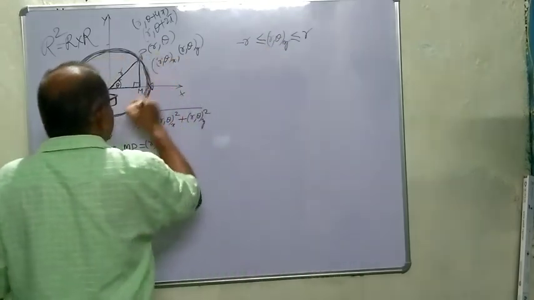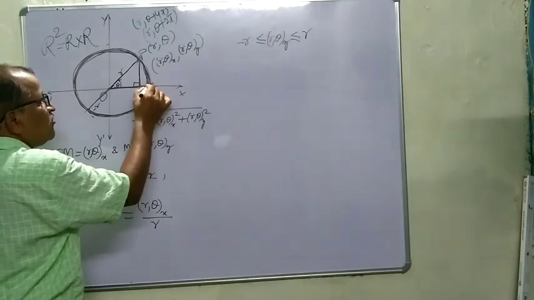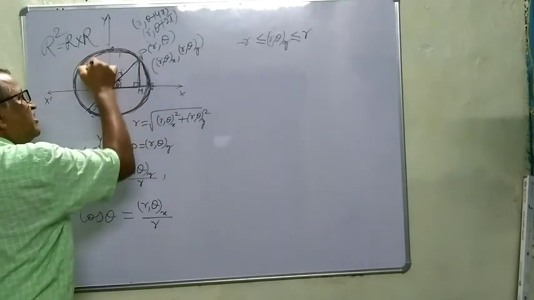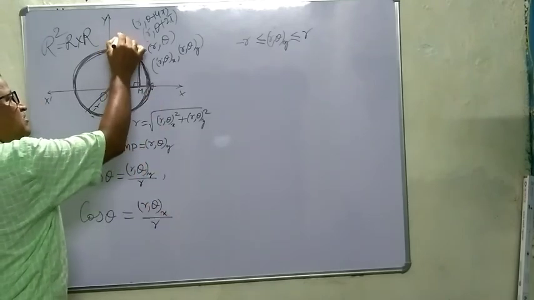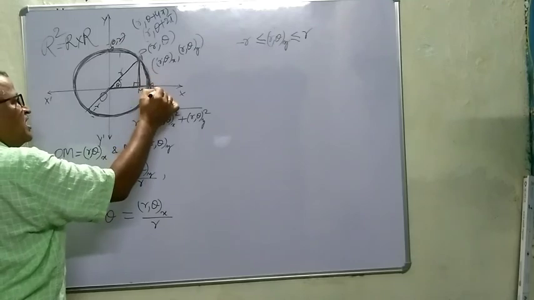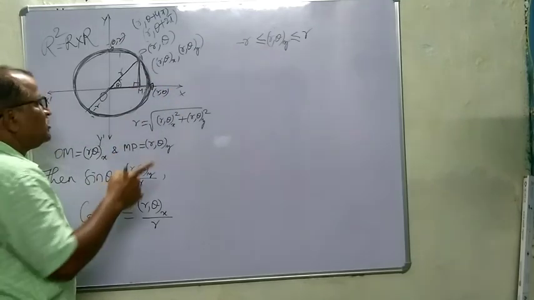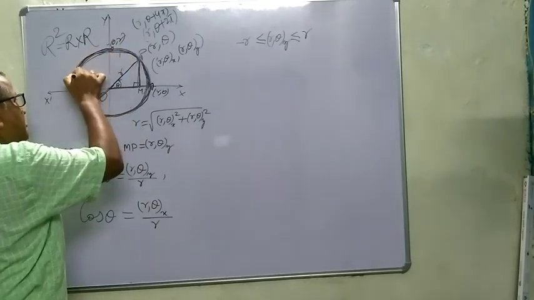Here you see, if the point is here, y is 0, because the coordinates of this point are r, 0. After that it is increasing. Here it is r. Then again it will decrease.